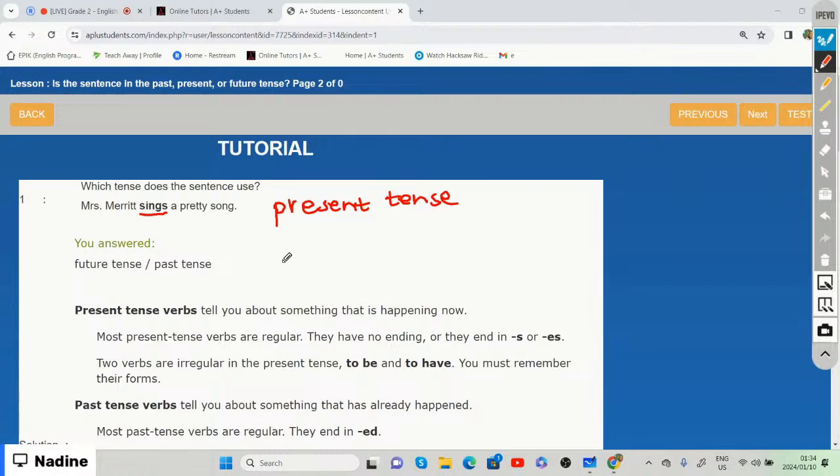With a regular verb, we say that it either ends in S or ES. So this is in the present tense.